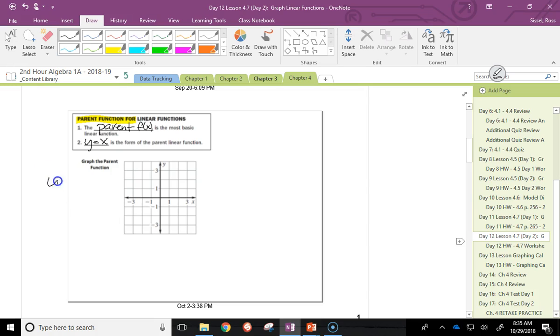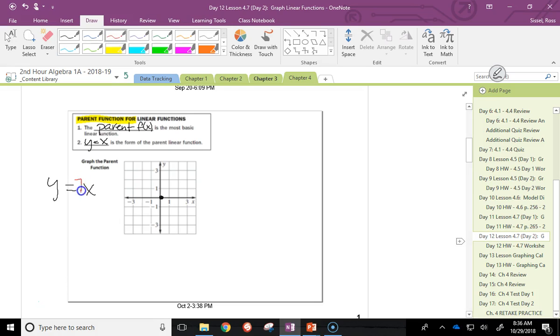So for the line y equals x, what's the y-intercept? 0. And what's the slope for y equals x? 1.